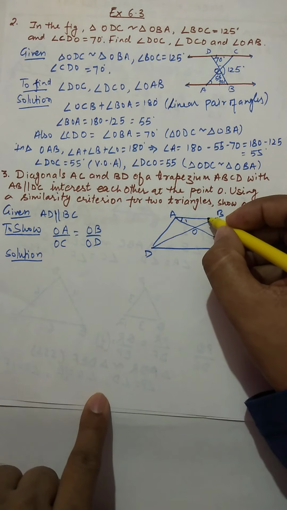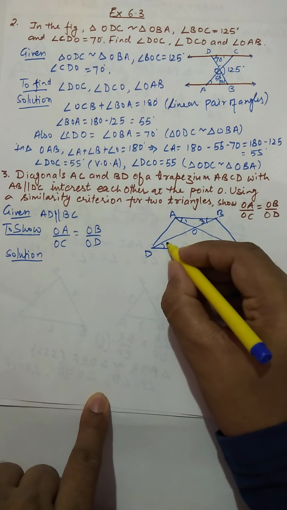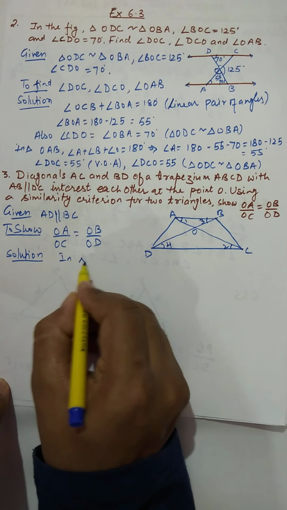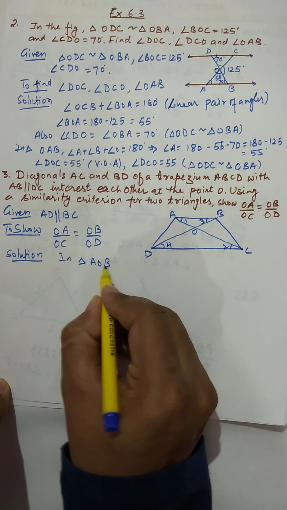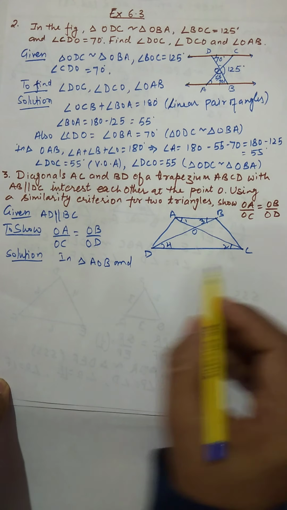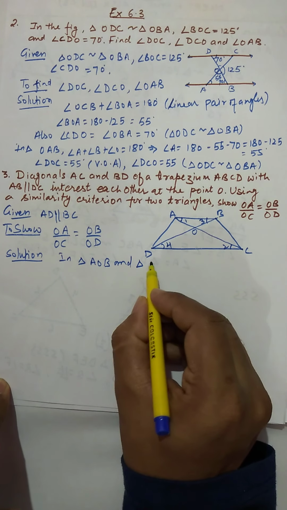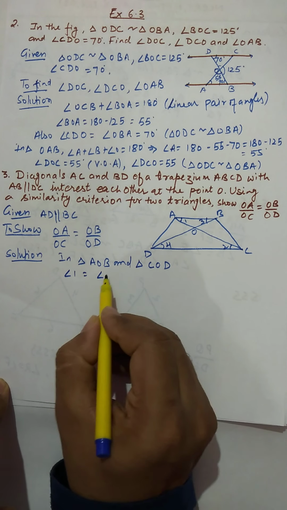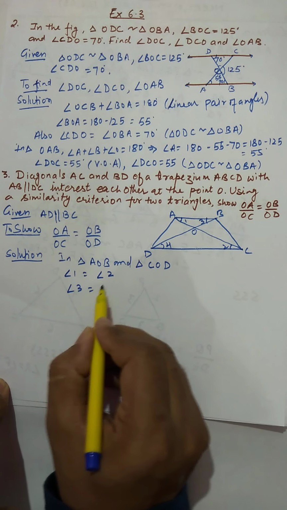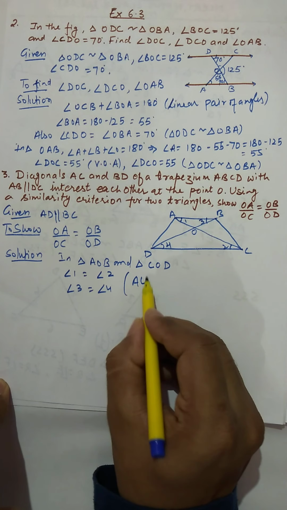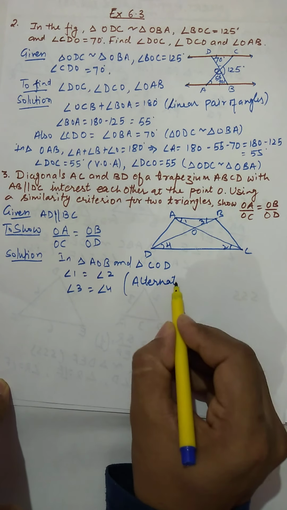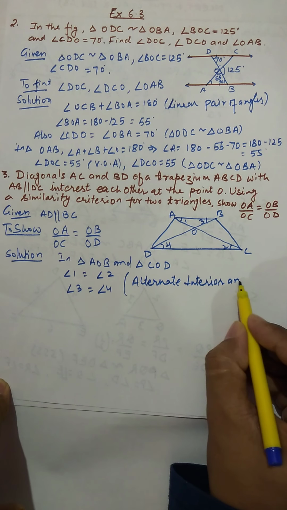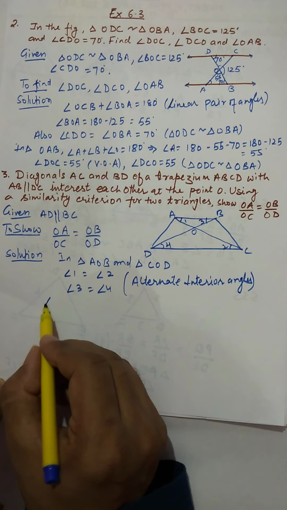So we take this angle as 3 and this angle as 4, and we write this in triangle AOB and triangle COD. So angle 1 is equal to angle 2, angle 3 equal to angle 4, and you may write the reason: alternate interior angles.